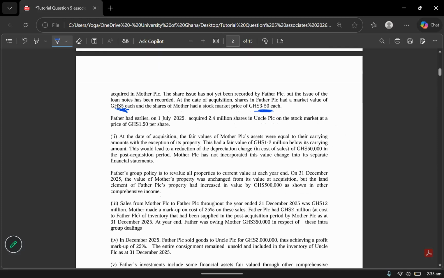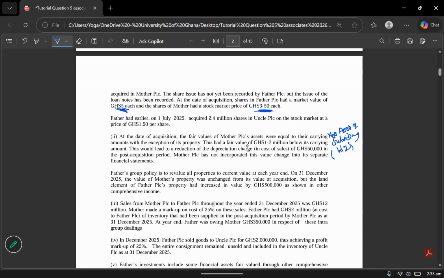At the date of acquisition, the fair value of Mother PLC's assets were equal to their carrying amounts, with the exception of its property. So this is what we'll be using for the net assets of the subsidiary in the workings.